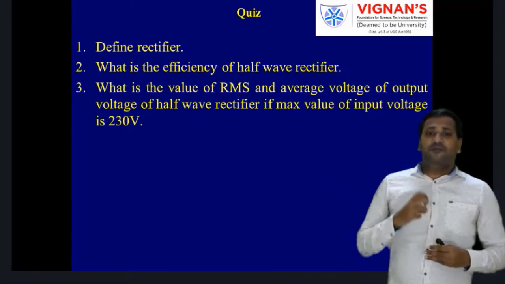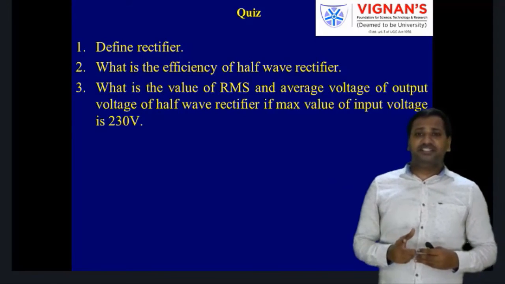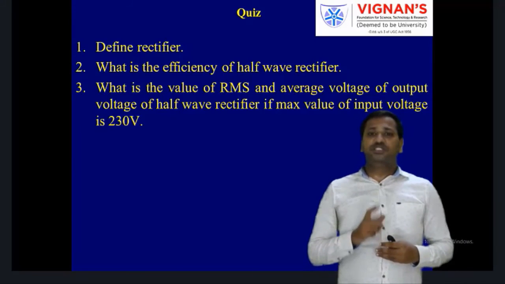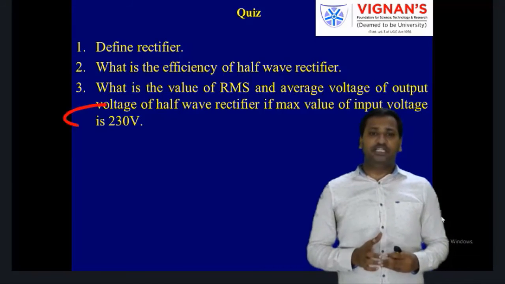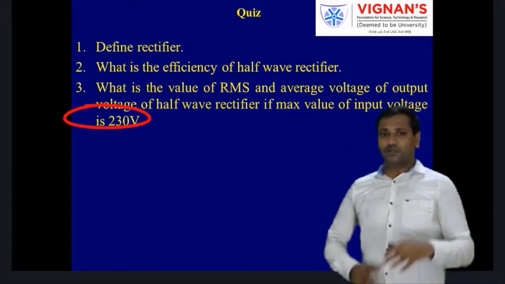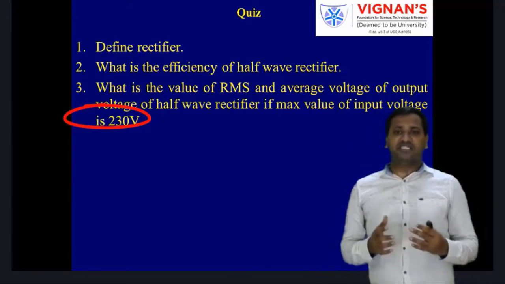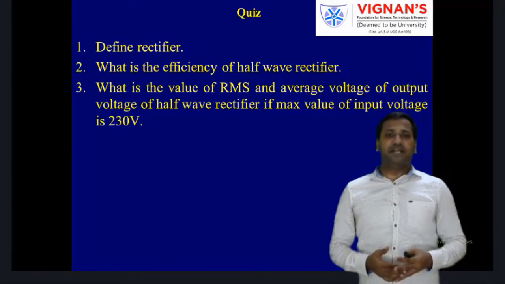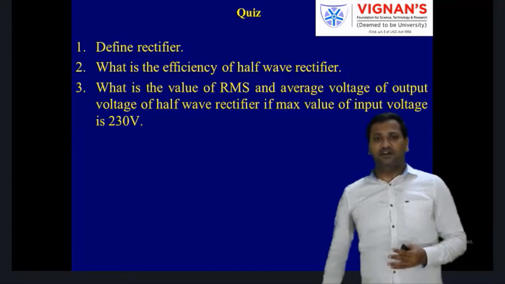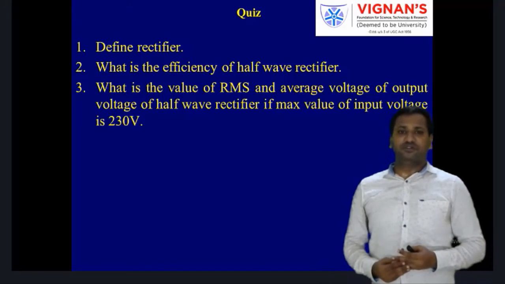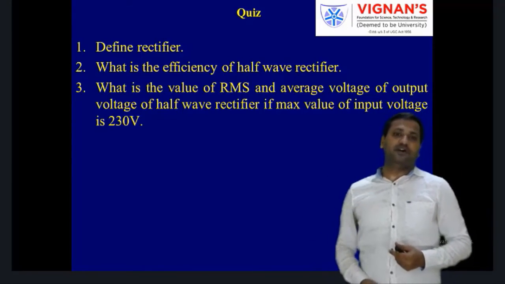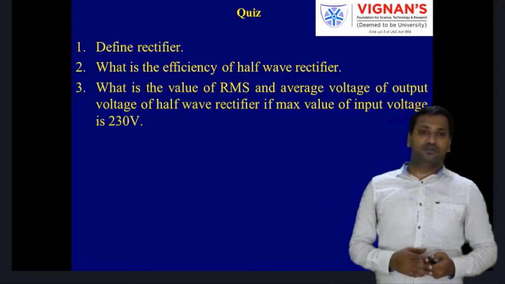Next, find the RMS and average values of a half wave rectifier having a maximum input voltage of 230 volts. You already know the relations, Vm by pi and Vm by 2, so by using them you can find the RMS and average values for this 230 volts maximum output voltage. You can go through the solution of this problem.